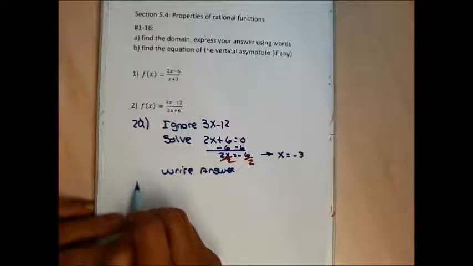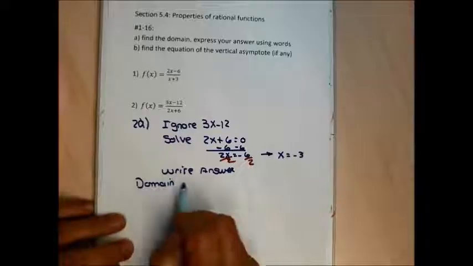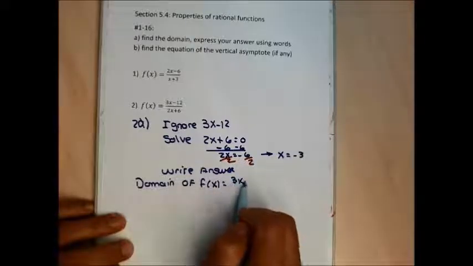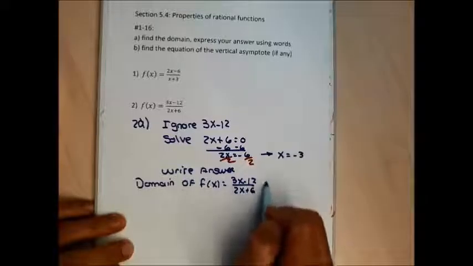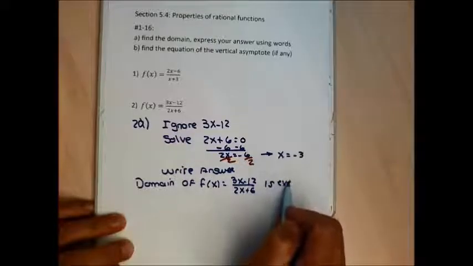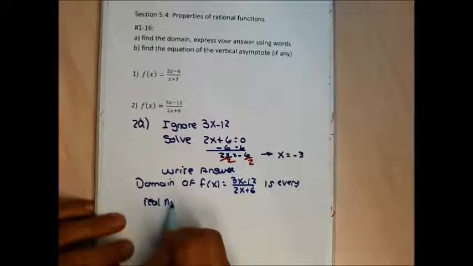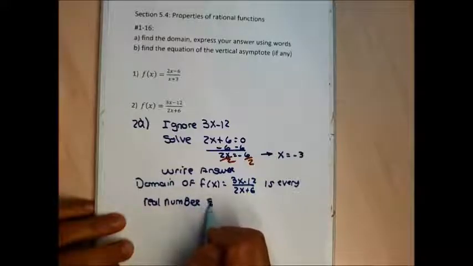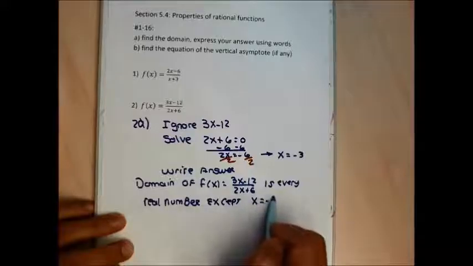So when I go to write my domain for this fraction, I'll say the domain of the fraction f of x equals 3x minus 12 over 2x plus 6 is every number, maybe every real number, except or excluding x equal -3.